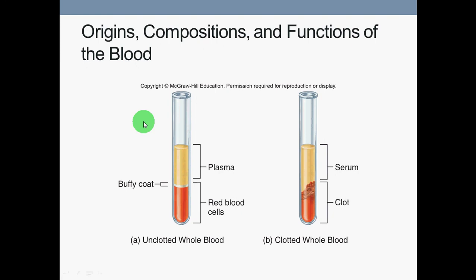That's why you have red blood cells on the bottom and blood plasma on top. That plasma still contains clotting factors. But if the blood is allowed to clot, the clotting factors then get removed from the plasma and only serum is left behind. So you have red blood cells at the bottom and blood serum at the top.